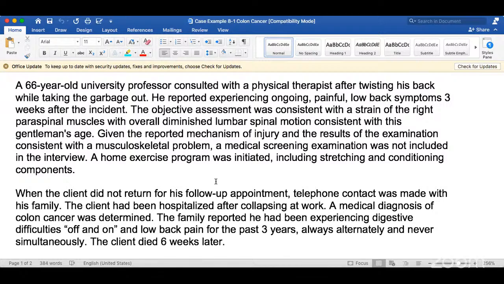But you could see that there's a systemic problem this man is having, which is very clear from the last two sentences there, concerning the digestive difficulties that he has been having for the past 3 years.